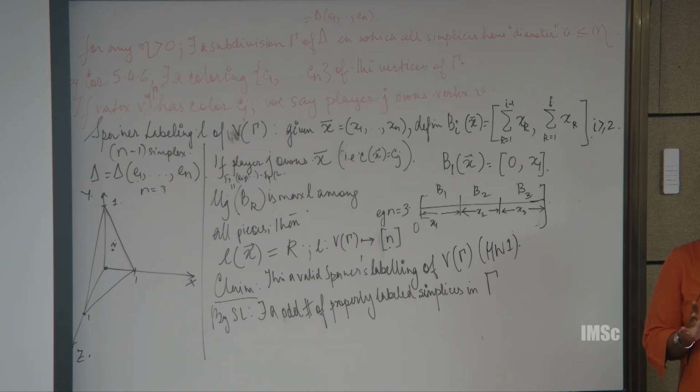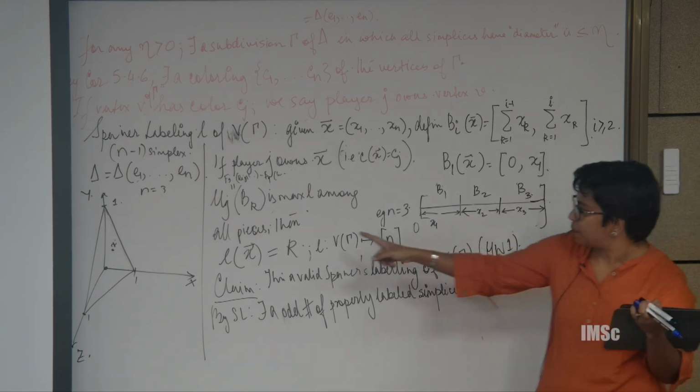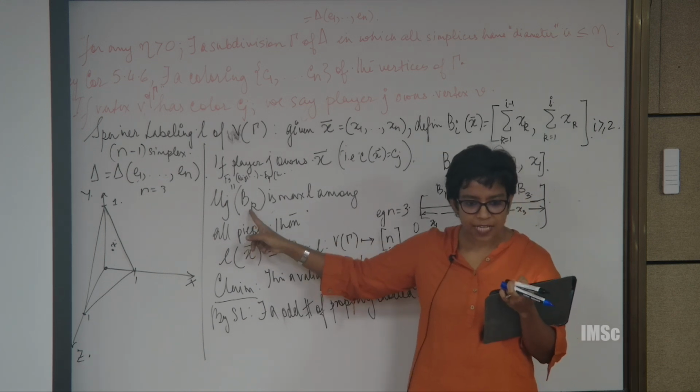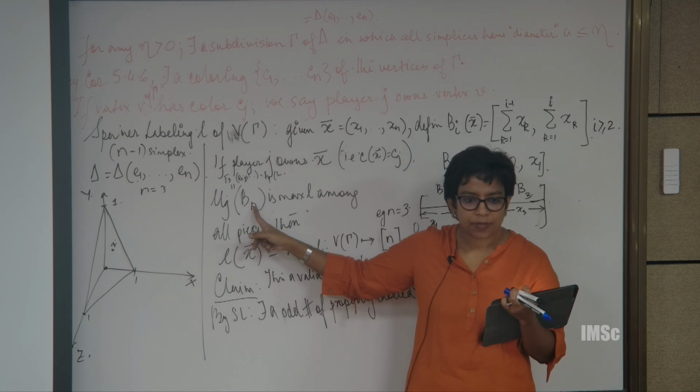So, now what you are saying is that nobody will envy this guy. If that person gets this portion of the cake, he is not going to envy anybody. But what about other people envying each other?